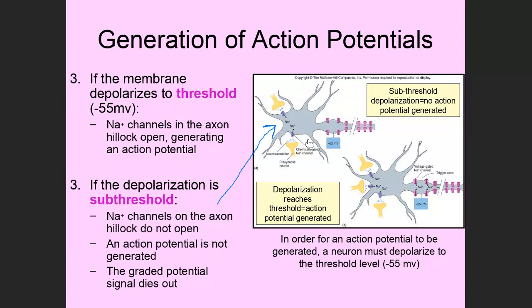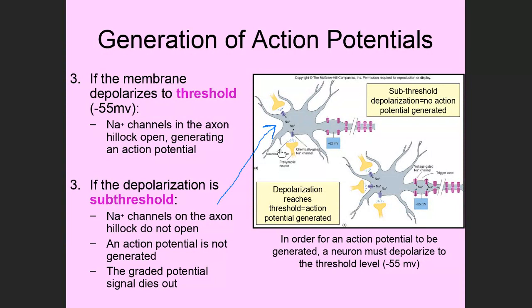Because we're changing the chemical environment of this neuron, we're going to have some sodium channels out here in the area of the dendrites and the area of the cell body that are going to start to open. You'll notice we've got just a couple of synaptic knobs that are releasing just a little bit of neurotransmitter, and that's causing a couple of sodium channels to open up on the cell body of this neuron here.